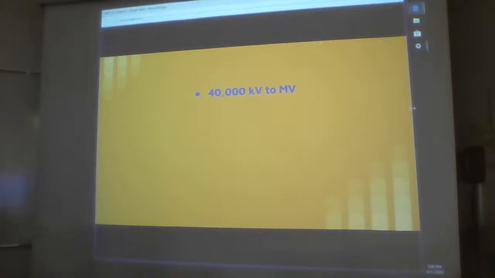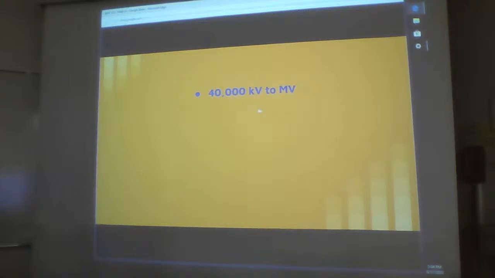You're not always going to see 40,000 volts to kilovolts, or 30,000 volts to megavolts, or 30,000 amps to microamps. Sometimes you're going to start at one base unit and try to move up to one that's larger or smaller. So kilovolts we know is 1,000. We have 40,000 kilovolts, but we want to know what that is in megavolts. Megavolts being 1,000,000.